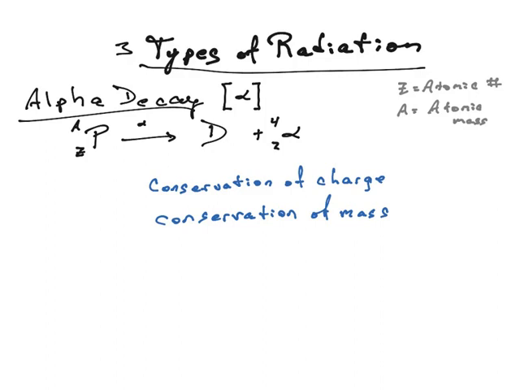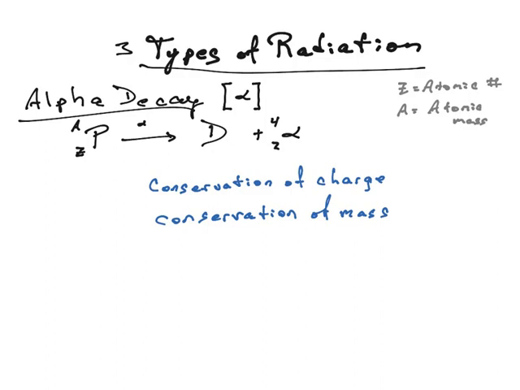The conservation of charge says, look at the atomic number on the left side of the equation. Whatever that number is, better be equal to the total atomic number of the sum of all the parts on the right. The reason that's the way the charge works is because with actual elements, you have protons and electrons that can give charge.